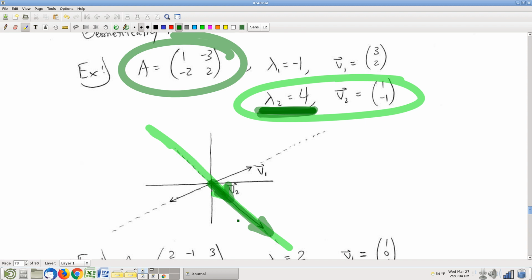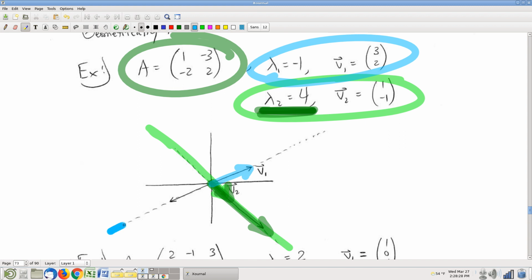So there's something really interesting about that line. It's preserved by the matrix. Everything on this line just gets stretched out and stays on that line. Okay, and then analogously, this vector is an eigenvector. Eigenvalue is -1. That vector is here, right?